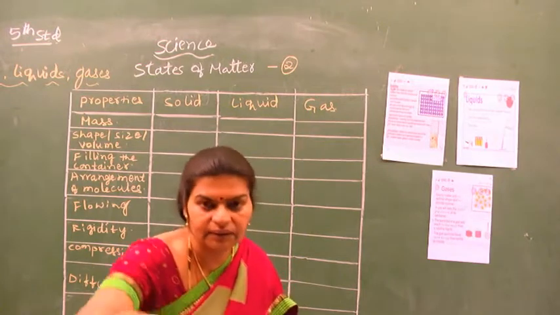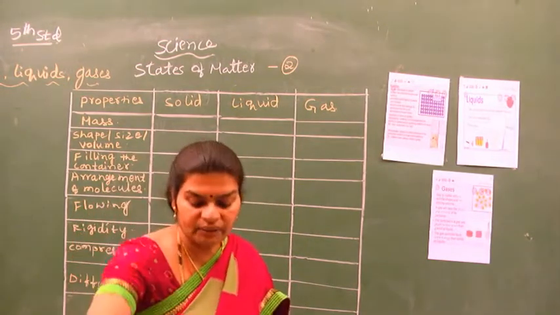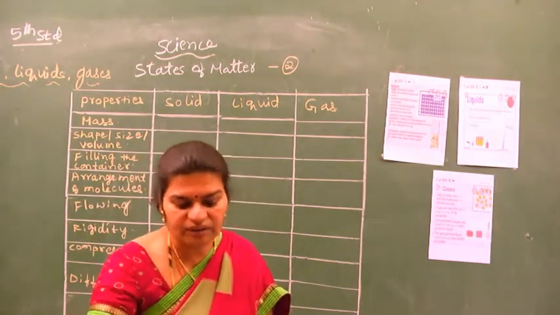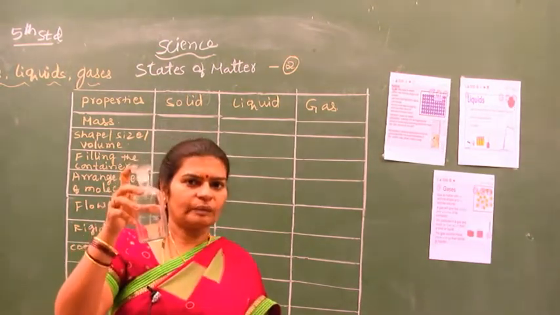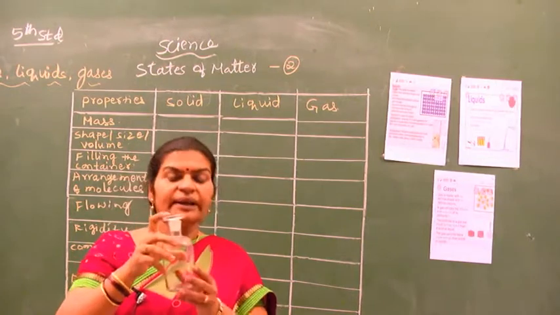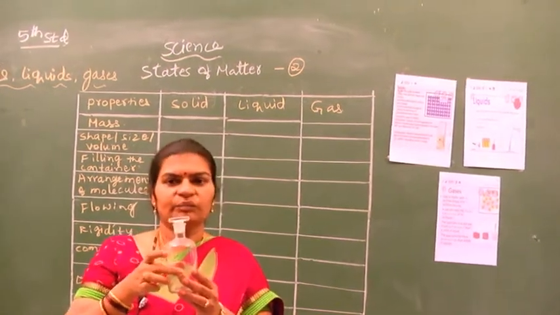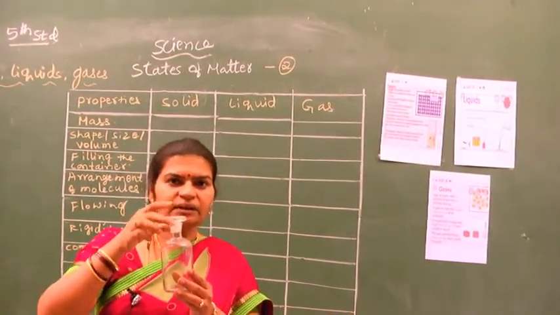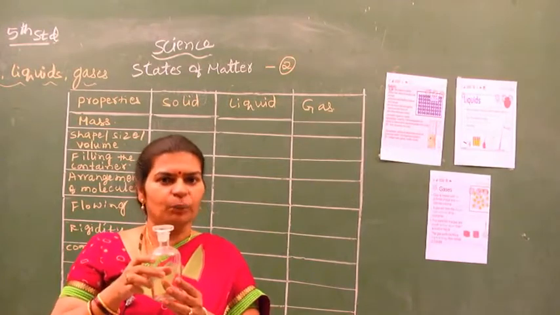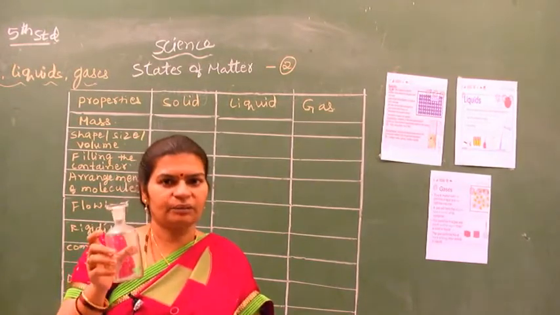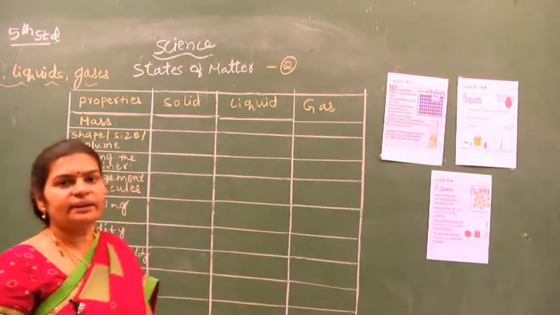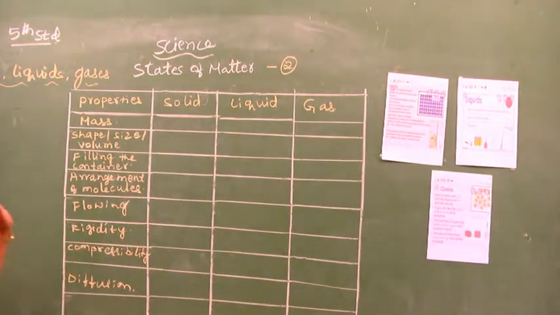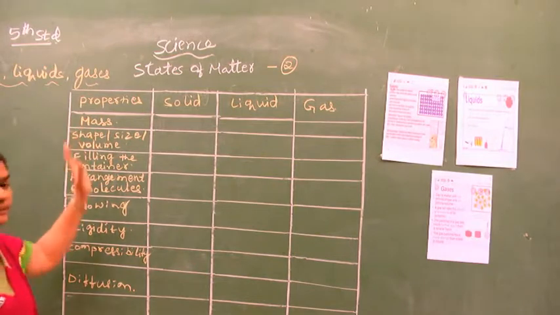Then the next one, another liquid. Then what is there inside this? Nothing but air is inside this one. When we close the lid, that air will be occupied inside. We can't see air. So in that way, we have the three states of matter: solid, liquid and gases.